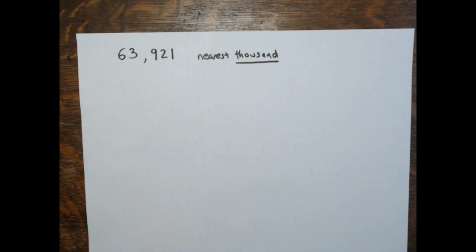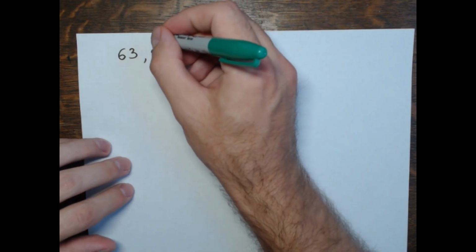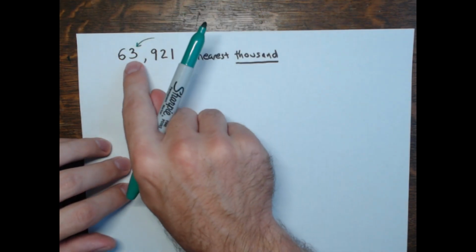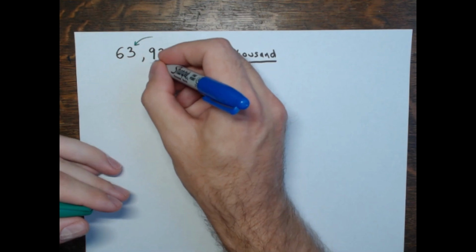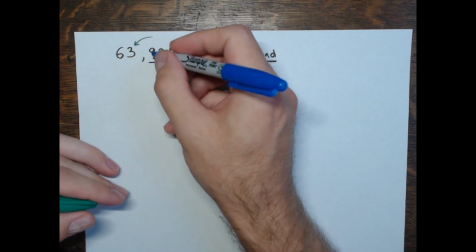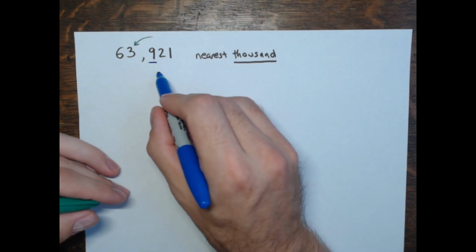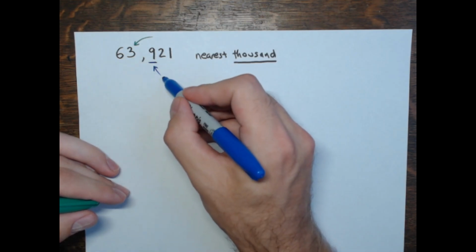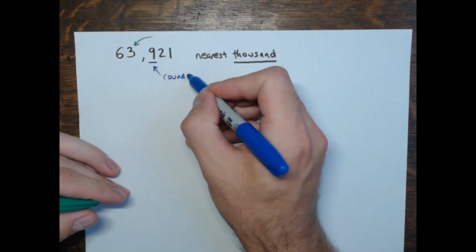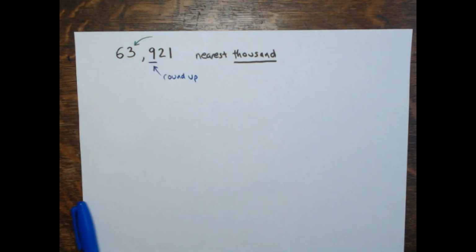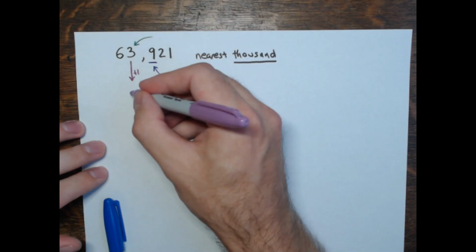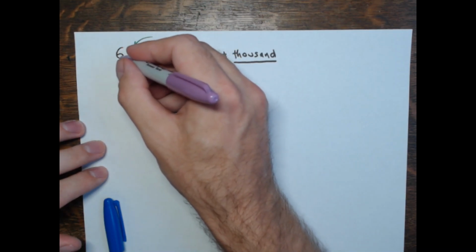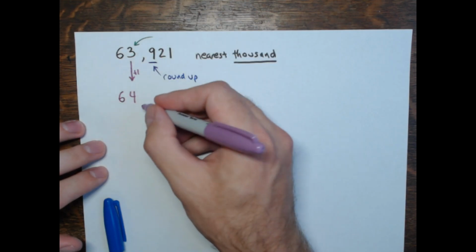So this will end up being 64,000 when I'm done. But yeah, there's the thousands place, this 3 digit. The digit directly to the right of that, in the hundreds place, the 9, is 5 or greater. So we're going to round up. And by rounding up, we add 1 to our thousands place, turning it into 4. The digits to the left of that don't change.